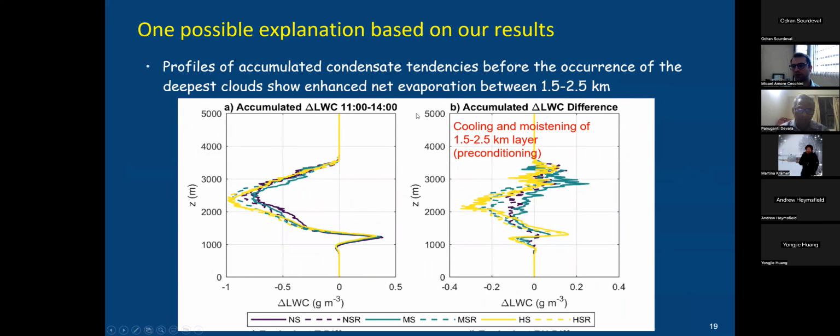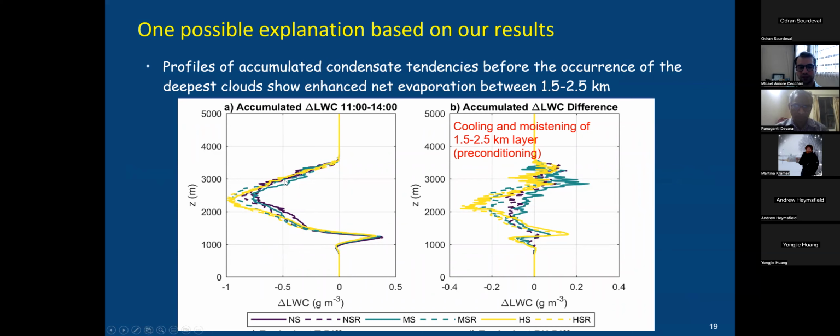What I mentioned before, I noticed that the clouds that are growing under heavy wind shear are growing slower and they have more area. So they release more moisture to the atmosphere as compared to the non-shear case. On the left here, you can see the high shear case is the yellow curve, and the no shear case is the blue curve.